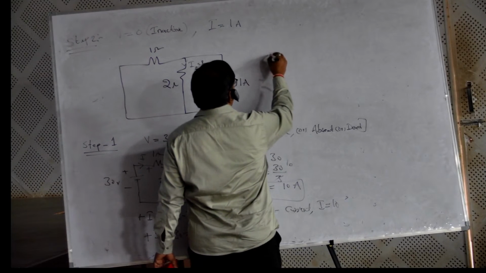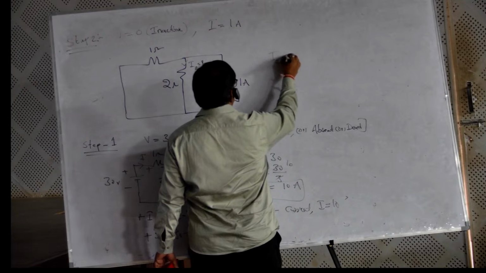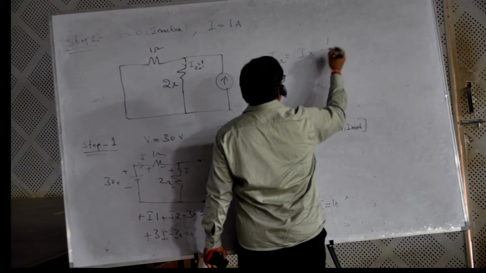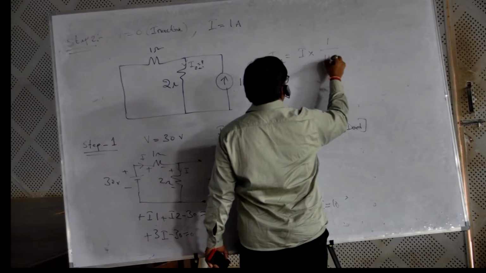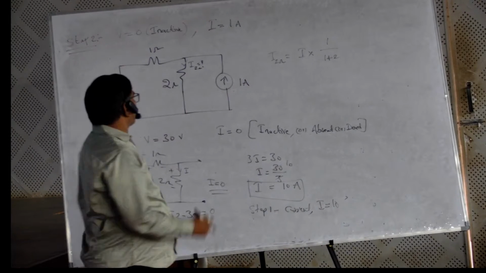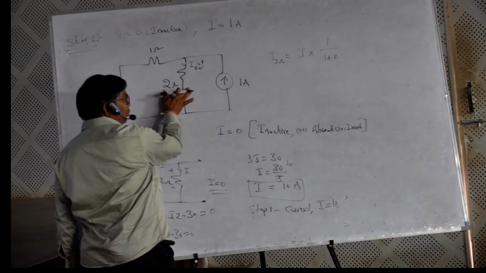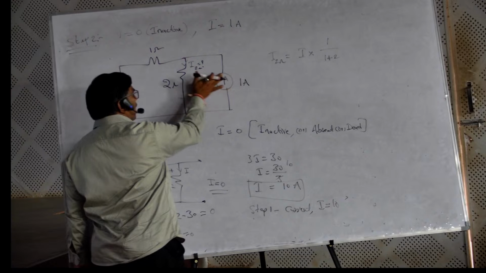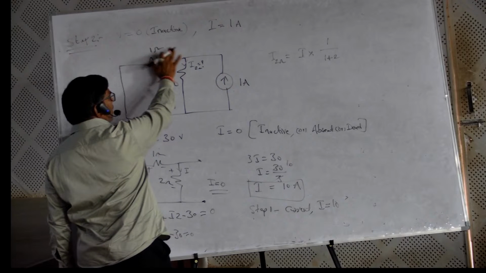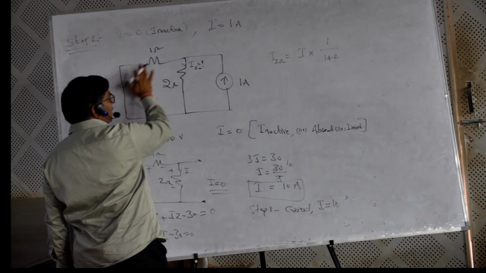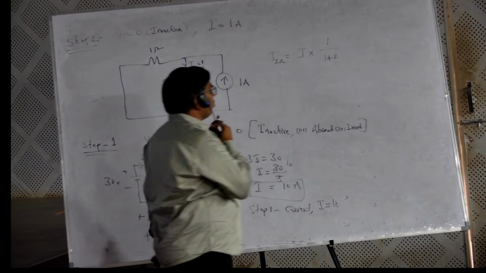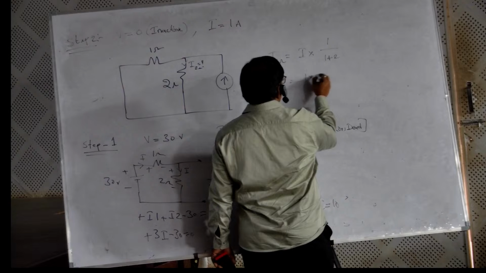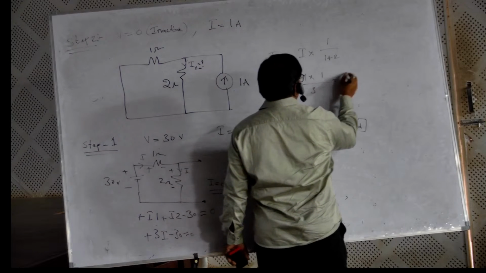So the current flowing in this 2 ohm resistor is I into opposite resistance by total resistance. The current in the 2 ohm resistor is equal to the total current flowing through the elements into the opposite resistance by the algebraic sum of the resistances which are in parallel. So this is equal to 1 into 1 by 3, that is 1 by 3.